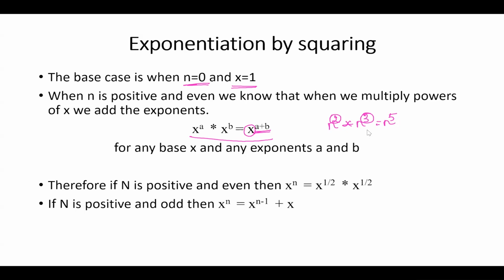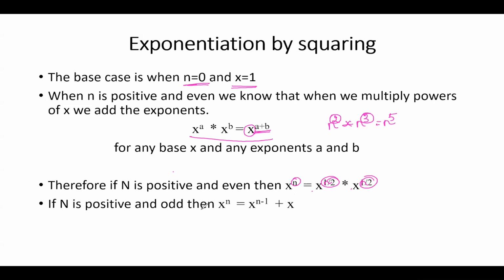So for any base x and any exponents a and b, what can we conclude? If n is positive and even, then I can say that x to the power n can be written as x to the power n by 2 times x to the power n by 2, which means when I add n by 2 plus n by 2, I get n.